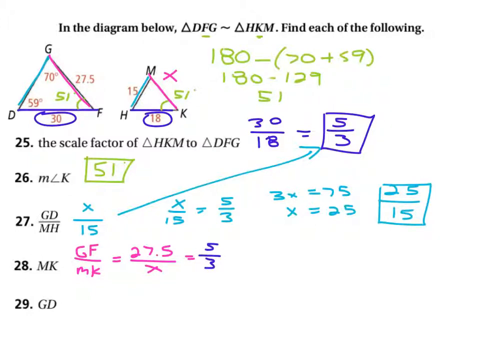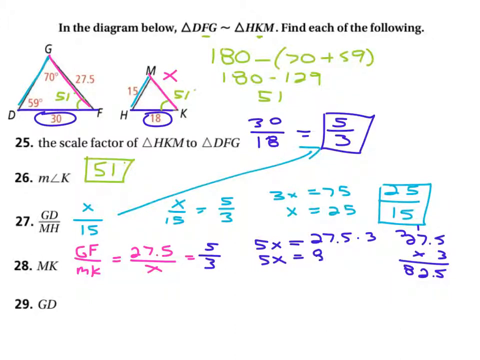So when we multiply that through, we get 5x is equal to 27.5 times 3. What is 27.5 times 3? 82.5.